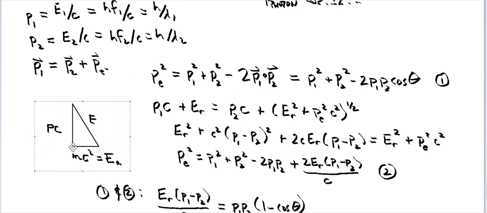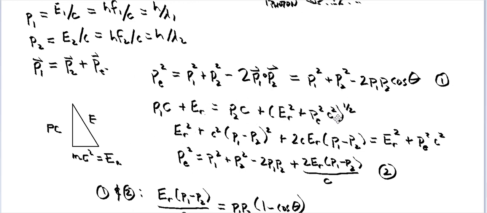PC is one leg, mc squared, which is your rest energy, is another leg, and E is the hypotenuse. So we have that E squared is P squared C squared plus ER squared. And so if I just want E, it's the quantity PC squared plus ER squared all under the radical, which is what this is. This is just that guy.